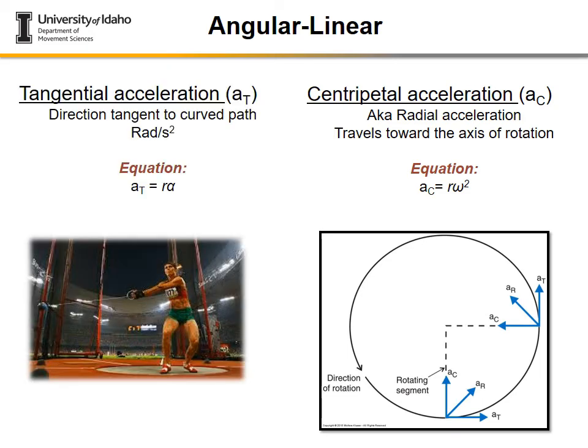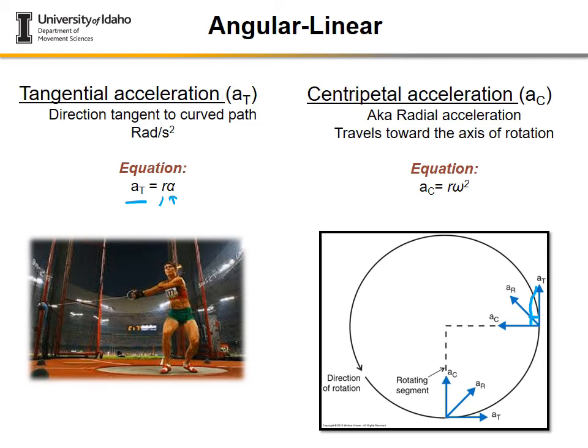With that said, the counterpart, or the second portion of the resultant acceleration, is going to be the tangential acceleration. One thing we talked about already is this path is going to be tangential, or at a right angle to the centripetal acceleration, and its component is a sub t, radius times angular acceleration. So here's where the two differ.